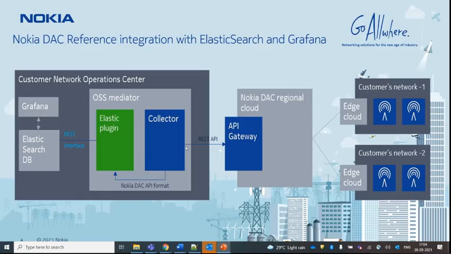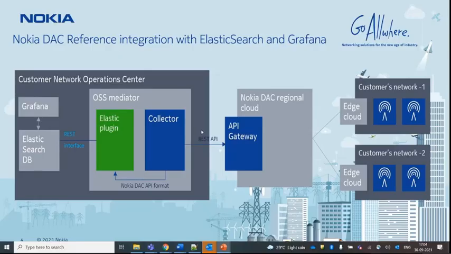The collector would call the REST APIs. The APIs are available to get the metrics data for the faults that are generated in the NDAC system, or the faults generated by the radio modules or on the core edge. All the faults can be retrieved through the fault management metrics API.